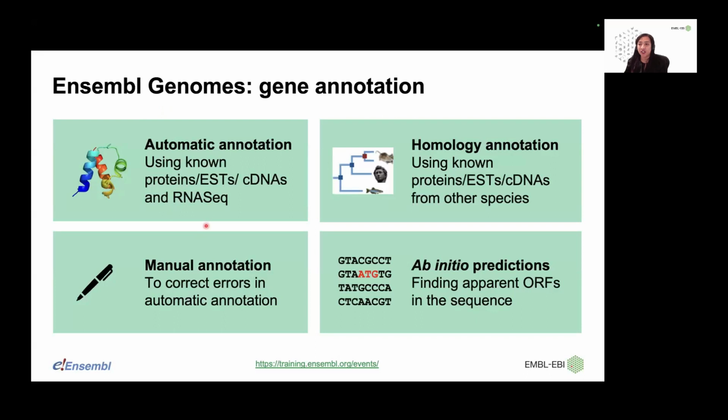The annotation process by these groups can be quite similar to Ensembl's annotation process, so they may use automatic annotation methods or manual curation methods. They may annotate by homology or by looking at open reading frames in the sequence.